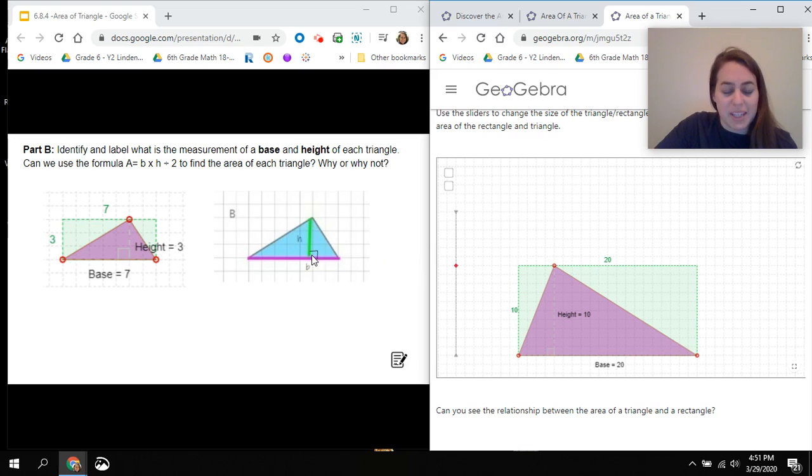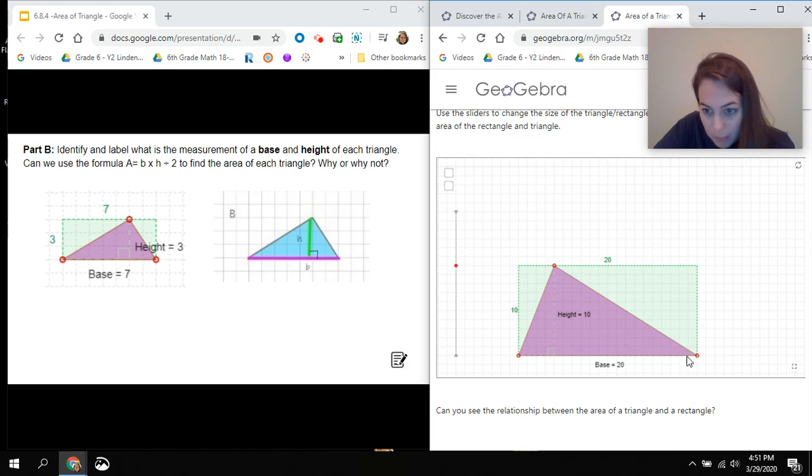For triangle B, we could cut this triangle into 2 smaller right triangles. You can see the first right triangle is on the left side, and the second one is on the right side. Then you can use this tool.